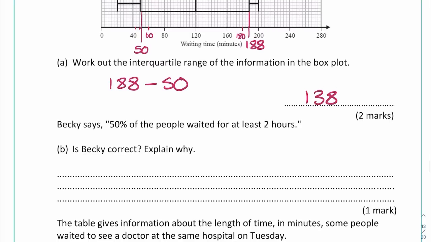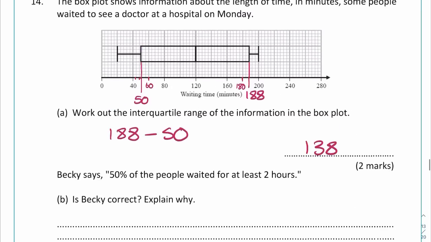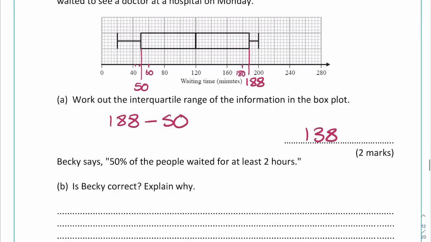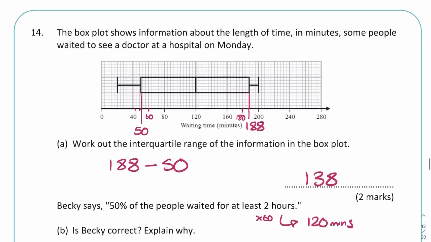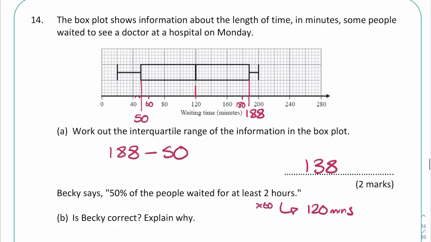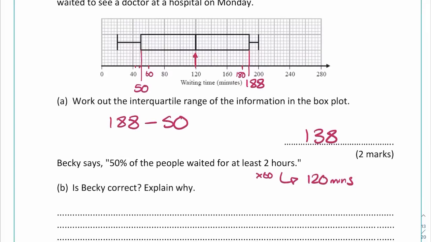Becky says 50% of the people waited for at least 2 hours. Is Becky correct? Well, 2 hours, obviously our box plot is shown in minutes, so times that by 60, that's 120 minutes. Now where is 120 minutes? 120 minutes is right here, and that line right in the middle of the box is the median, and the median represents where up to 50% of the people or over 50% of the people are.